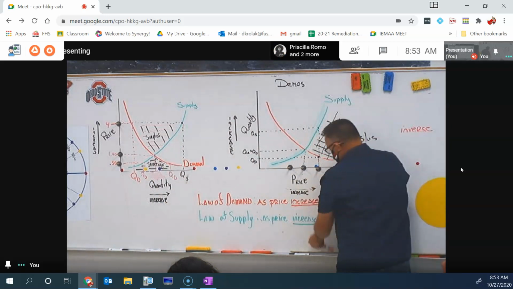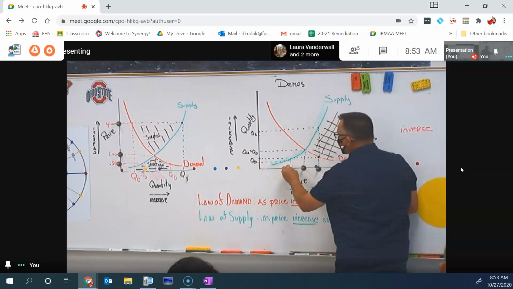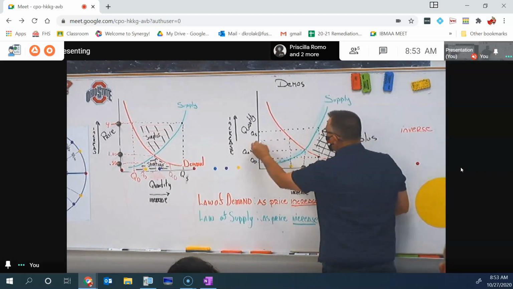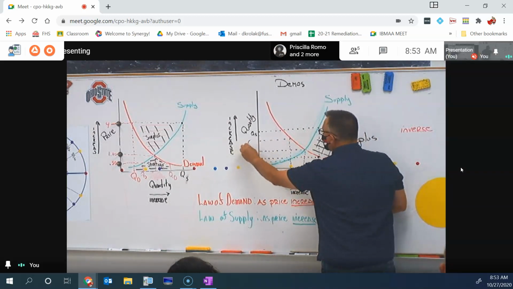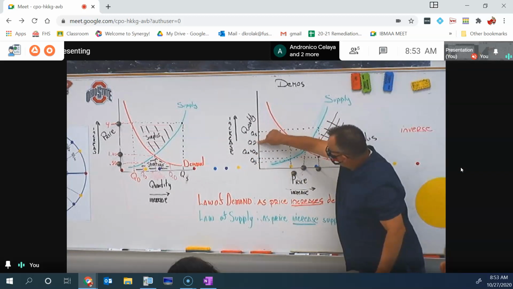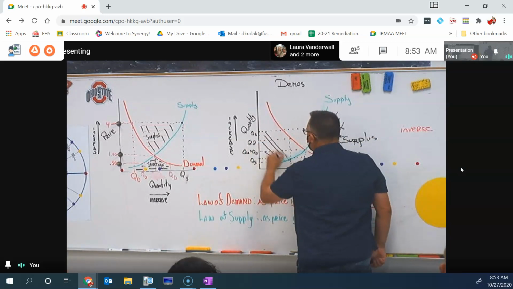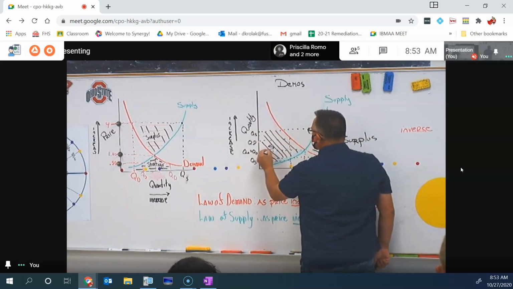So here's the price below the equilibrium. Price there. Quantity demanded, quantity supplied. Now demand is greater than supply. So now this section of your graph represents the shortage.